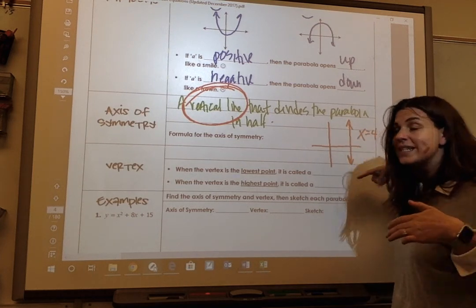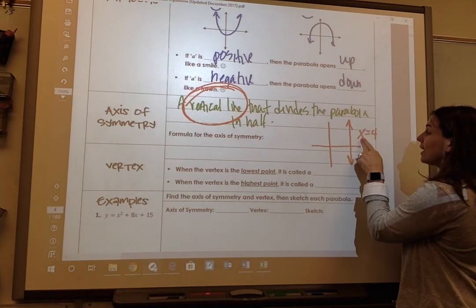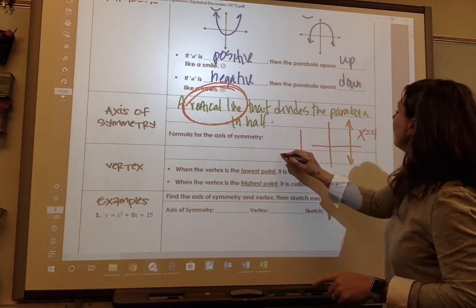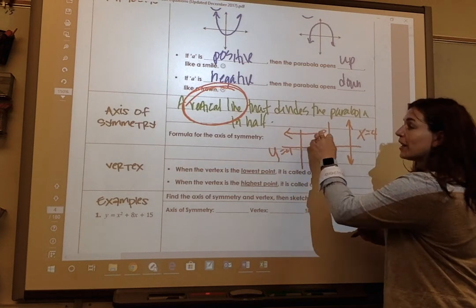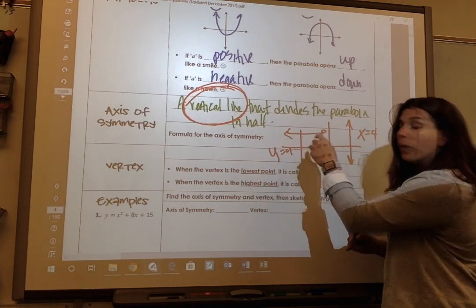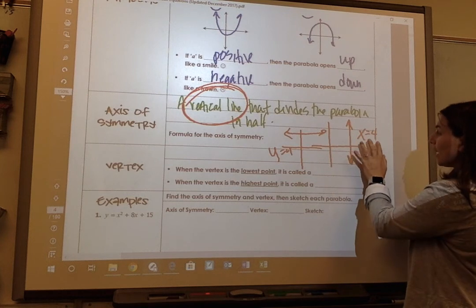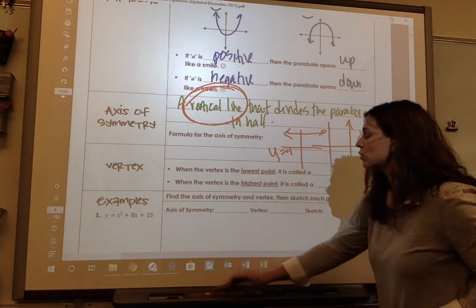Remember, my skier was dead. A horizontal line, remember, was y equals 4. You still had a 0 slope, but my beginning point was 4. So when you had a vertical line, your equation for the line was x equals 4.